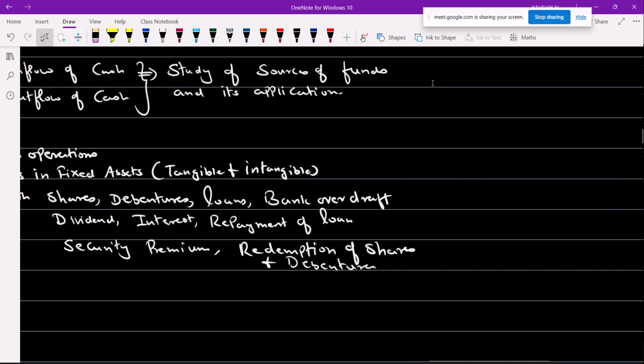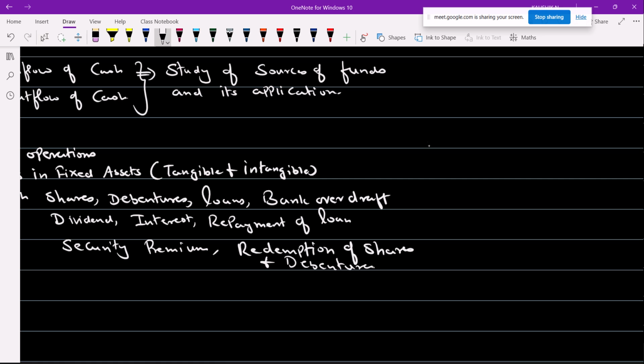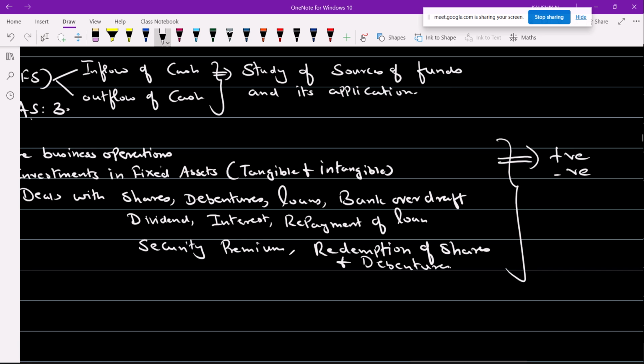That result will be either a positive value or a negative value, whether it is your operating activity or your financing activity.